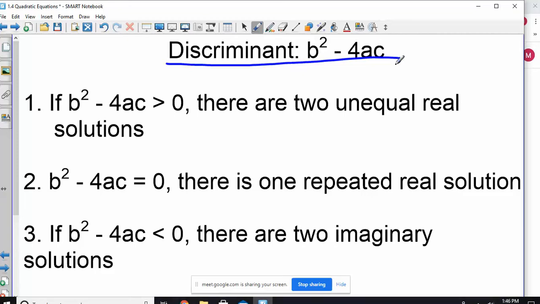And we can tell what our answers are going to look like just based off that number. If it's a positive number, we can do the square root of a positive number. So you get two different real solutions. So if our discriminant is greater than 0, there are two unequal real number solutions.